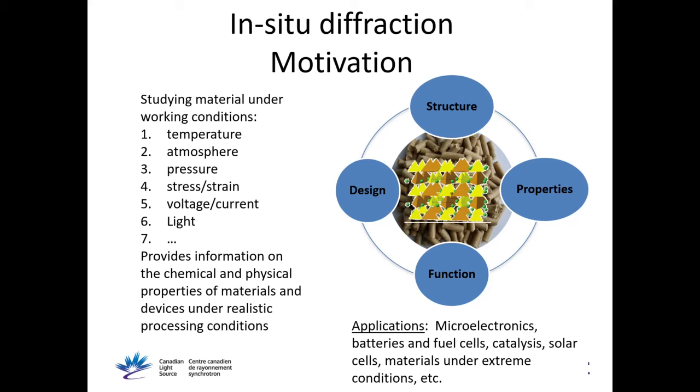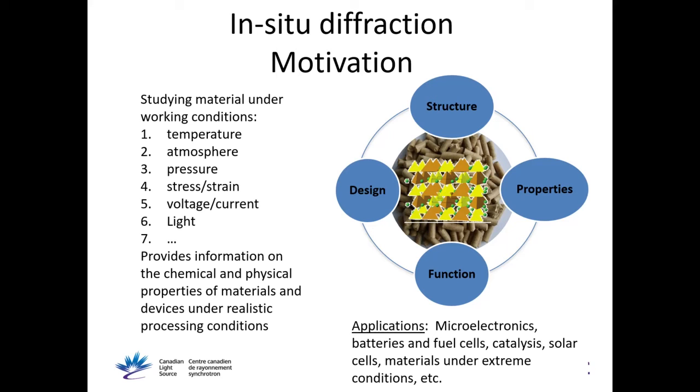If it's a material where we're interested in the mechanical properties, maybe we put it in a tensile rig and push and pull and even twist it during the experiment. If it's a solar cell, maybe we want to shine light on it and measure what comes out of it. Maybe we want to control the humidity.